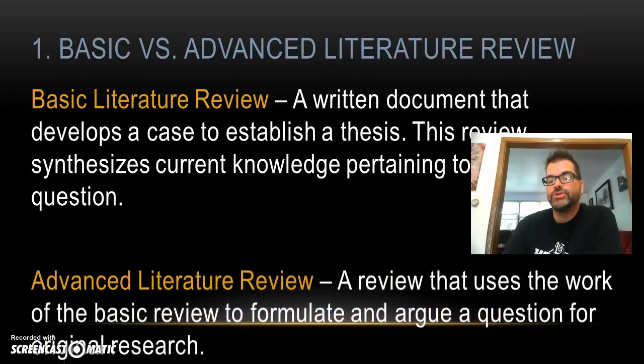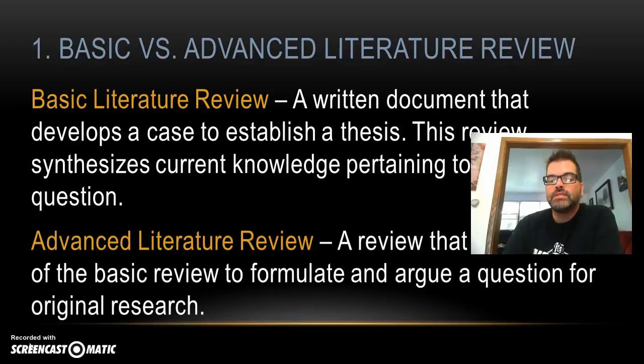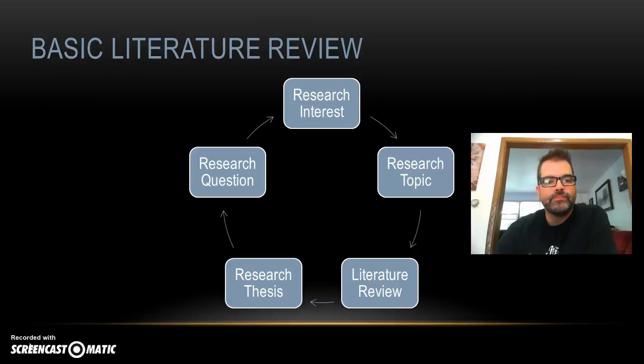An advanced literature review, on the other hand, is a literature review that asks a research question, has a research project attached to it, and it identifies the gaps in the literature that are currently there and seeks to answer one of those questions left by the gaps in the literature.